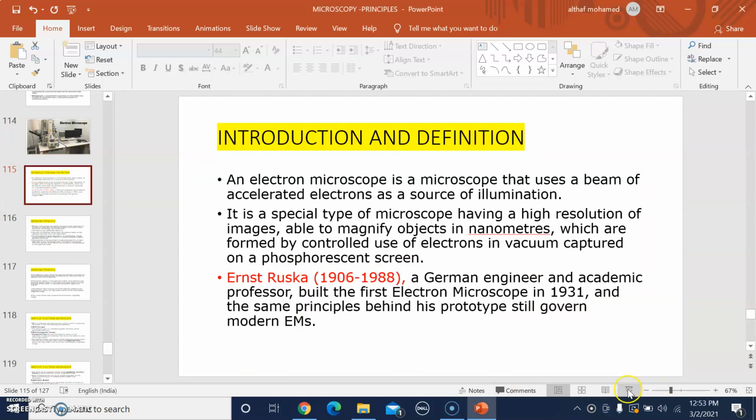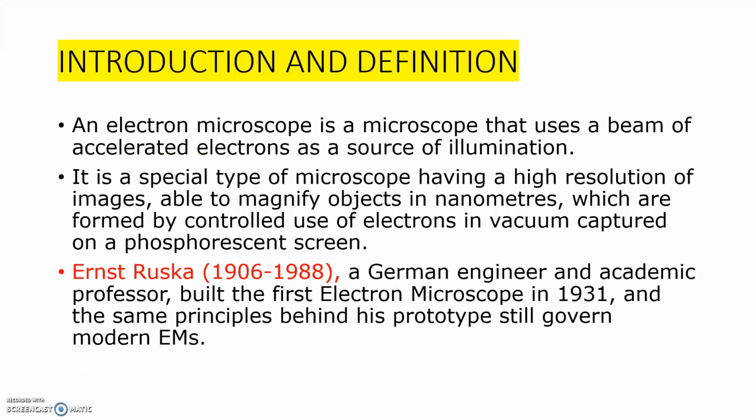An electron microscope is a microscope that uses a beam of accelerated electrons as a source of illumination. In the previous sessions, we have discussed microscopes in which a beam of light is used as the source of illumination.